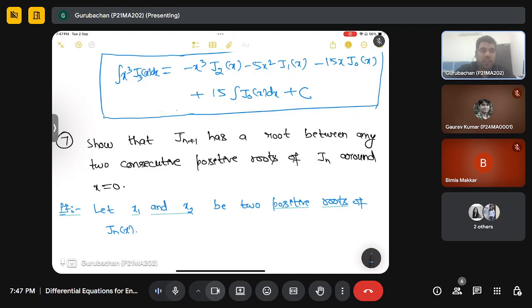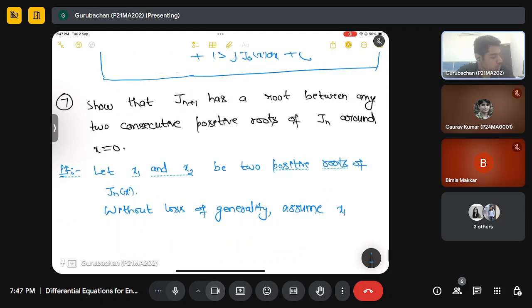So if these are two positive roots of Jn(x), without loss of generality, assume x1 to be less than x2.